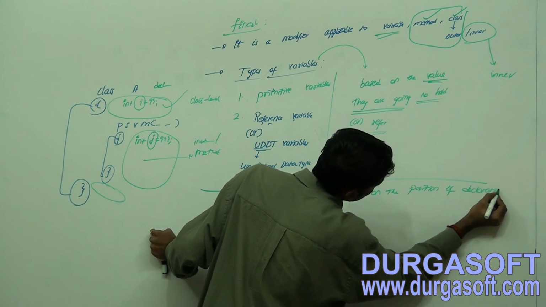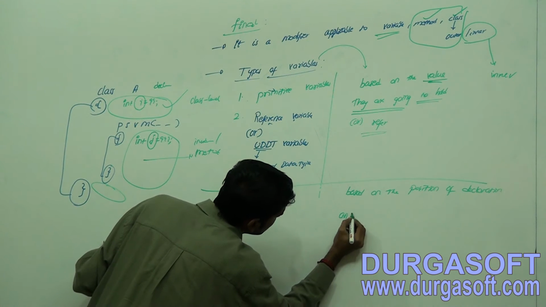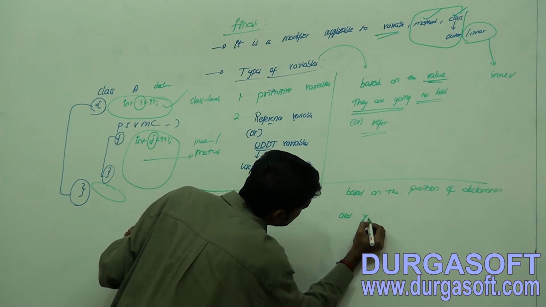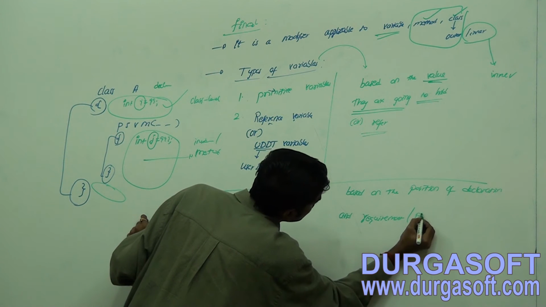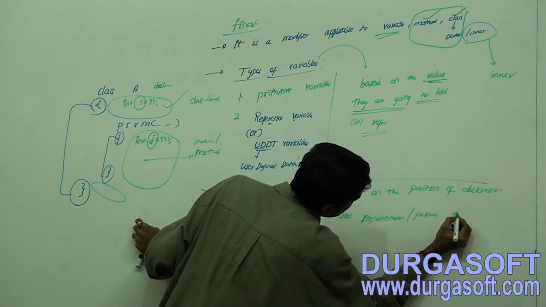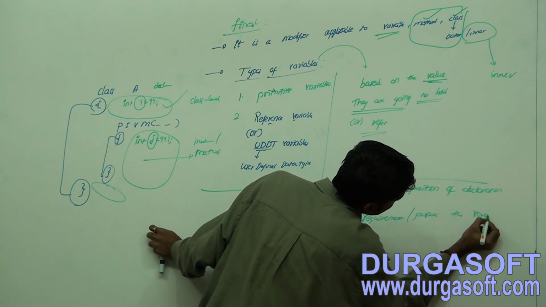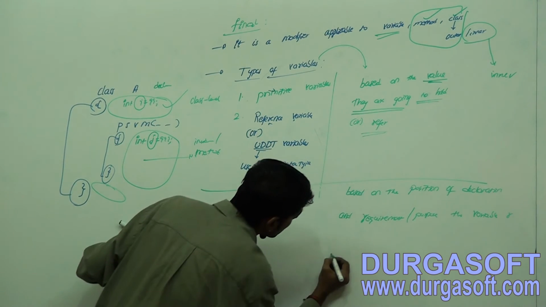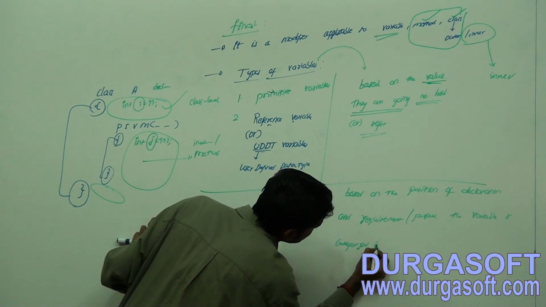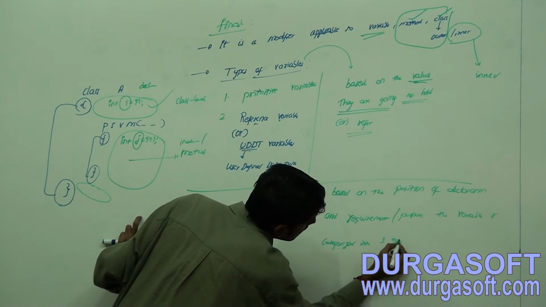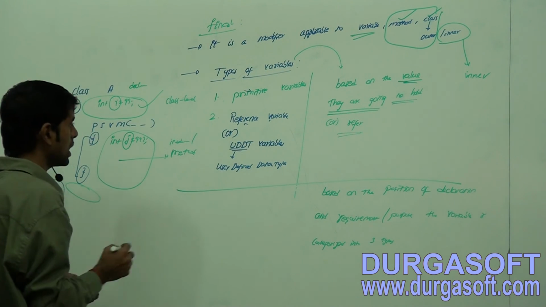Based on the position of declaration and requirement or purpose, the variables are categorized into three types.